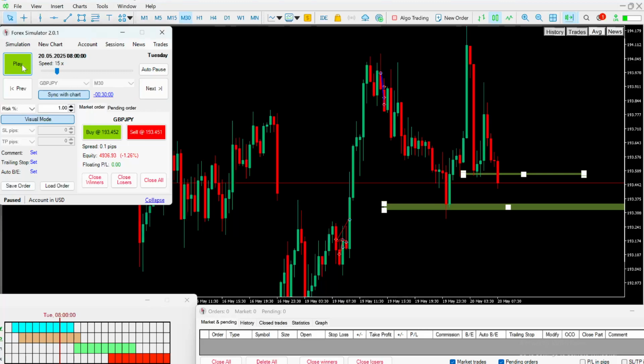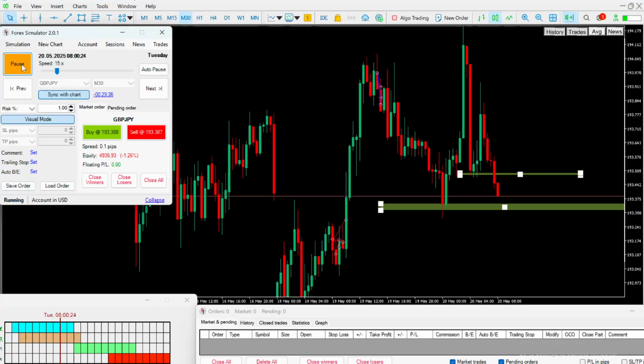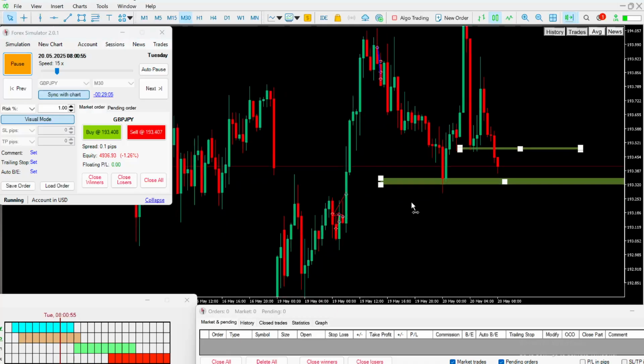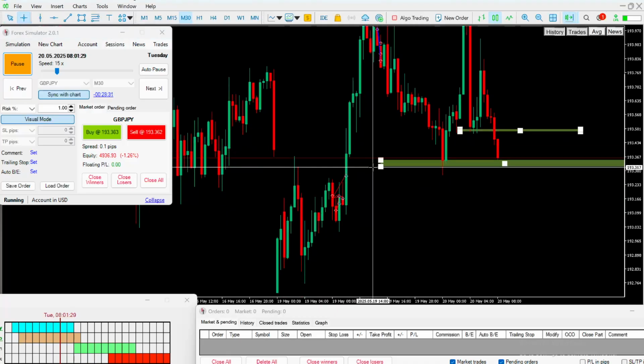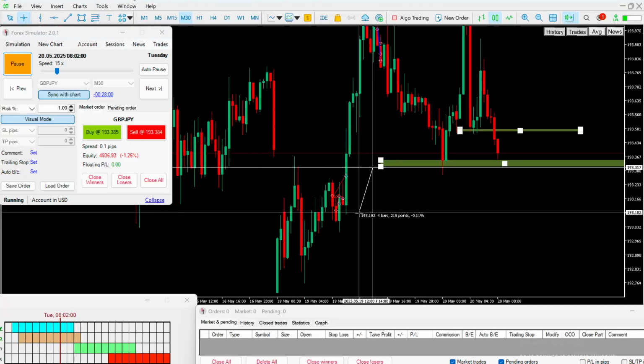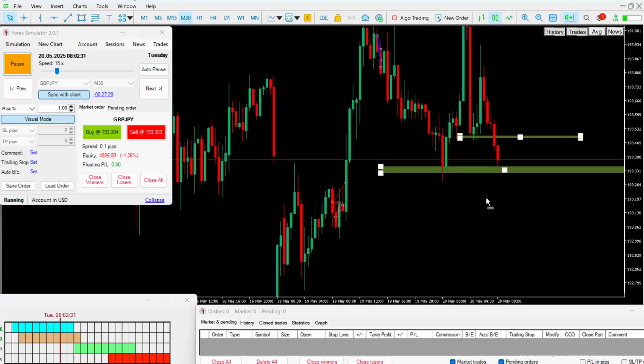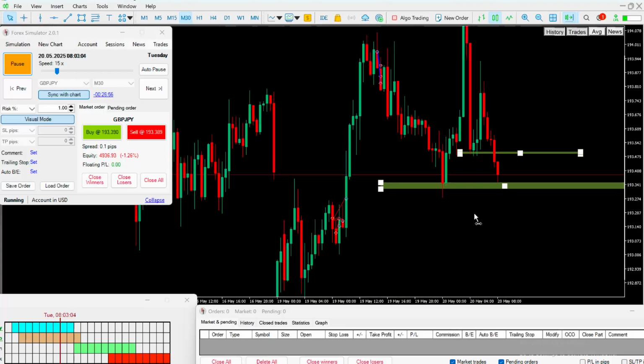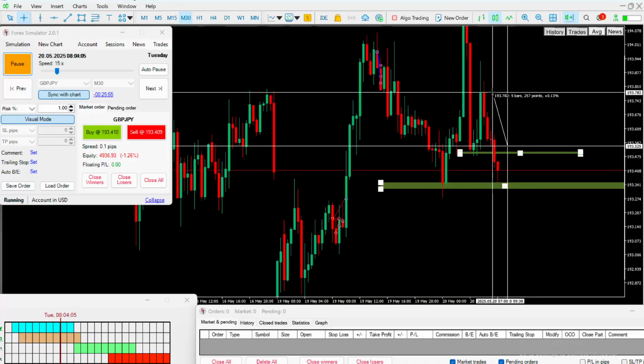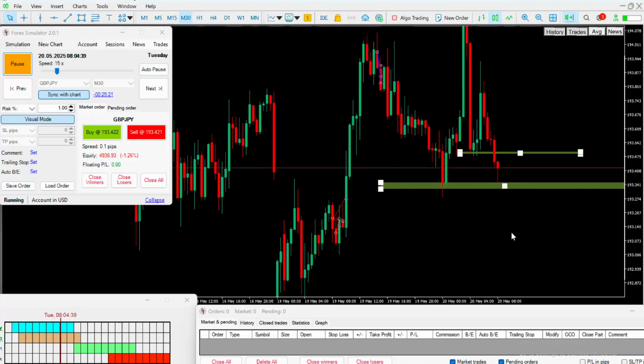So we will just let it play. And if it breaks, then we have this range. And if it breaks above this, then we have this range. Yeah, that's it. This is a range that we wouldn't want to mess with.